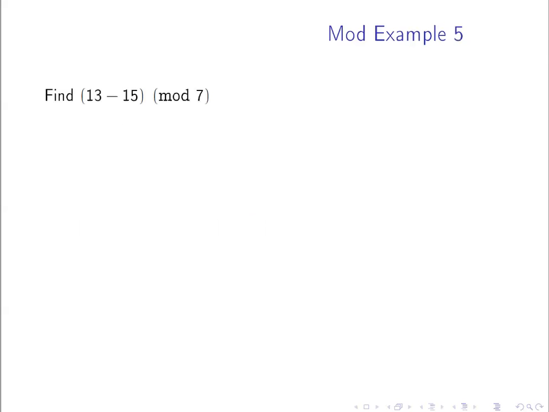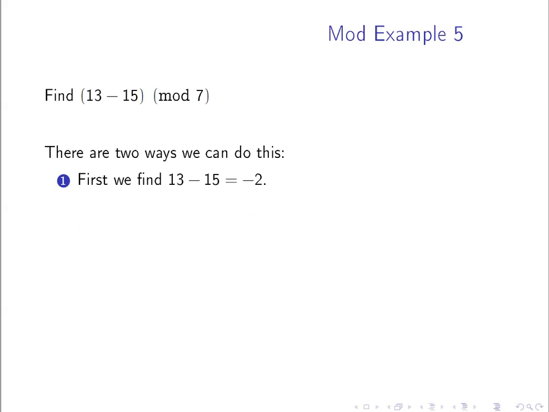So let's do another example. Let's this time use our arithmetic. So I have 13 minus 15. I want to know what that is mod 7. There are two ways in which we can do this. So I'm going to show you the two ways. Option one is what I refer to as the brute force method. I compute it all out and then I find mod 7.